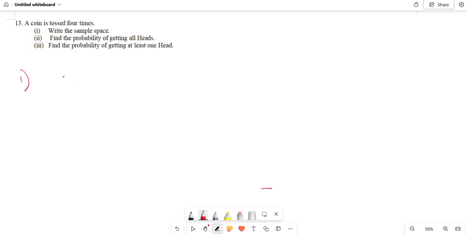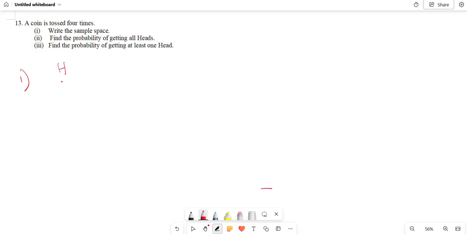Okay, then if it is 16 first, you can have it for 4 columns. In those 4 columns, first make, in the first row, 8 times head and 8 times tails.